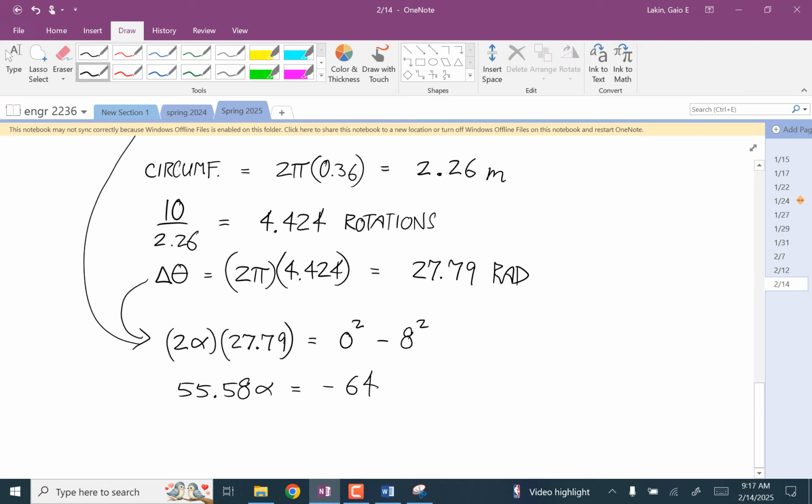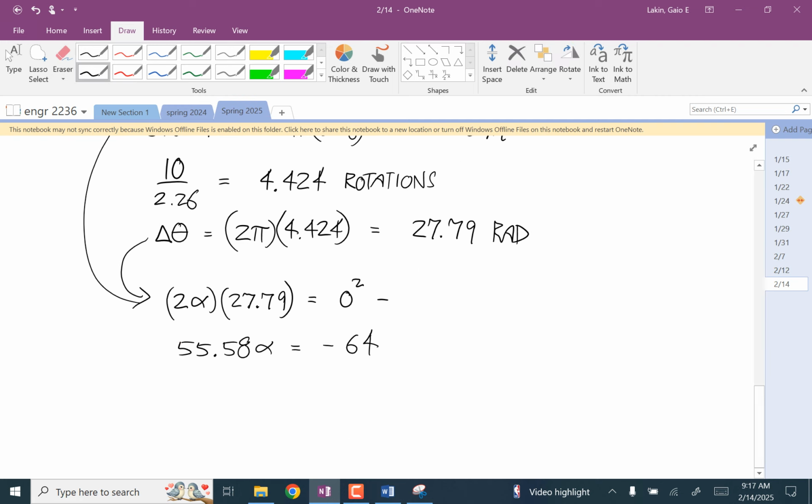Don't you have to use the angular velocities? Yes. What is the angular velocity? Negative 22.2. Negative 22.2 squared. And that is a big number.